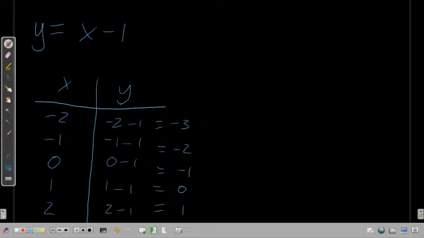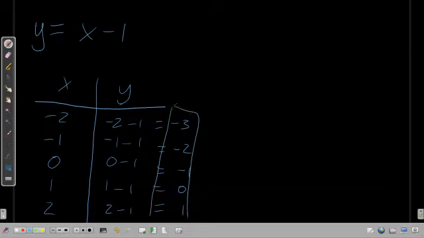Since our slope here was just 1, technically you have a 1 times x. The multiplicative identity says 1 times x is x. So that slope has to be 1 because 1 is the coefficient on the x.